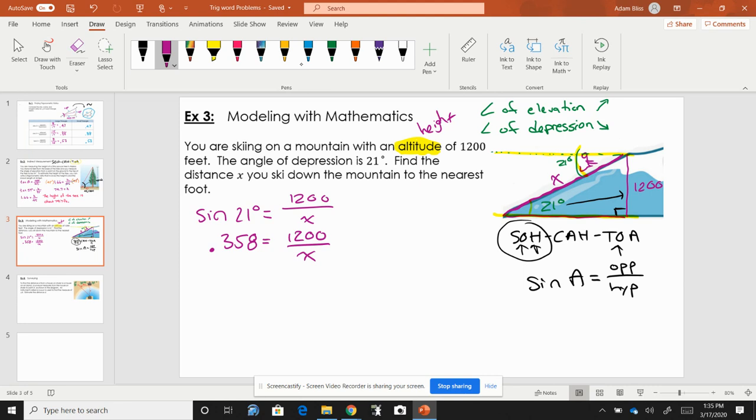So when your x is on the bottom like this, I just tell my students, turn this into a proportion. So 0.358, put that over 1. And the 1200 over x is already a fraction. So now we're just going to cross multiply. We're going to do the butterfly method, as I like to call it. So 1200 times 1 is 1200.